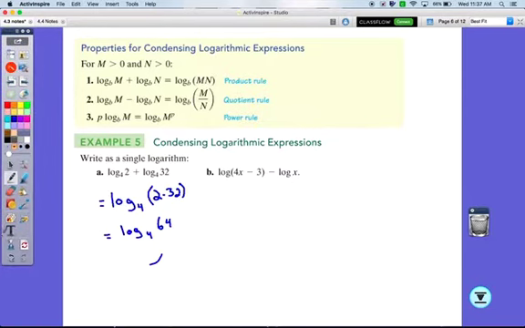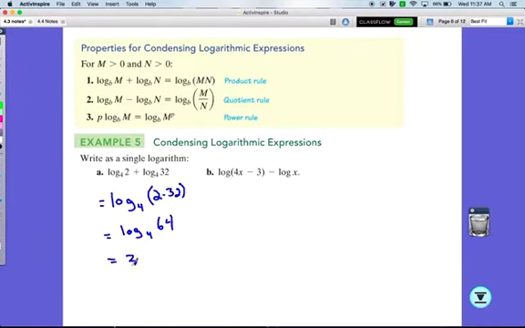So this answer is 3. All right, but addition on the outside becomes multiplication on the inside. On B, we have subtraction on the outside, so this becomes division on the inside. So I end up having log of 4x minus 3 on top divided by x on bottom.